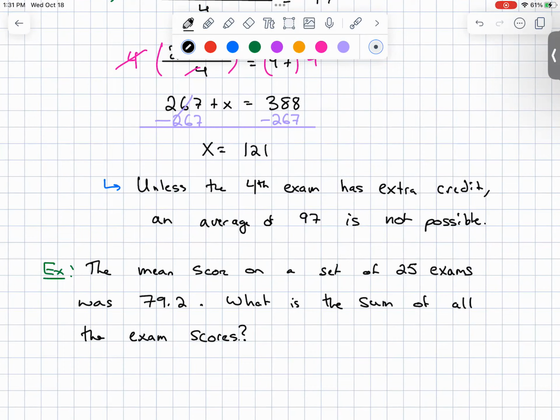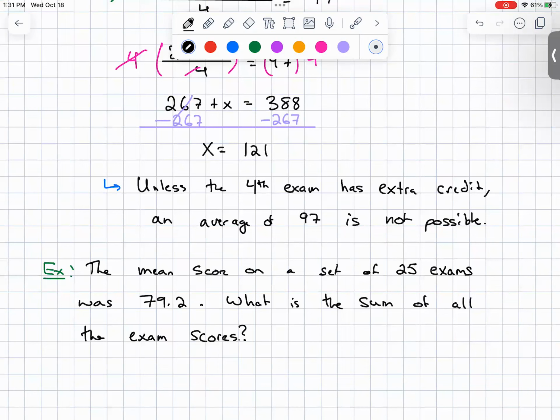I just don't like this question. I'm sure there's a different scenario you could create where knowing the sum of the scores would be useful. But for this, what is that going to tell me? But just because it's a problem on your homework, I wanted to go over it.